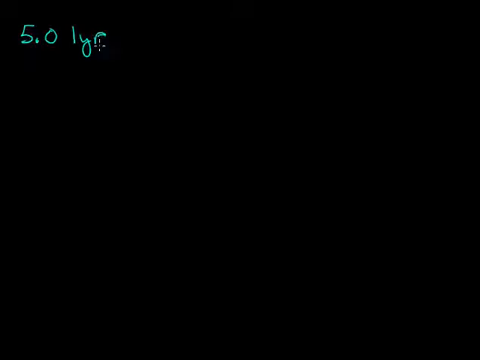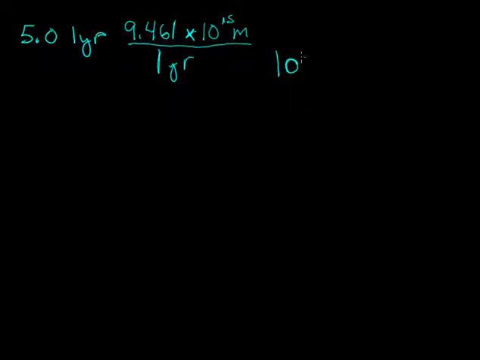So we have 9.461 times 10 to the 15th meters per light year. Oops, you can't forget the big numbers. And then there is 10 to the negative 10th meters per angstrom.